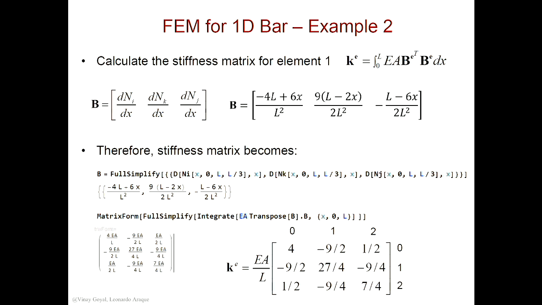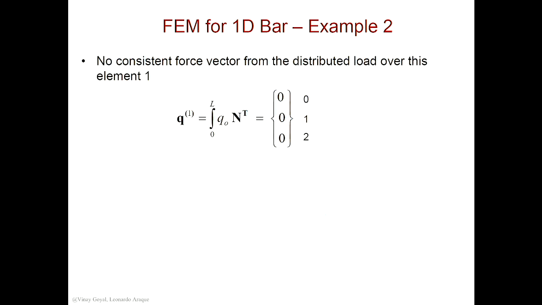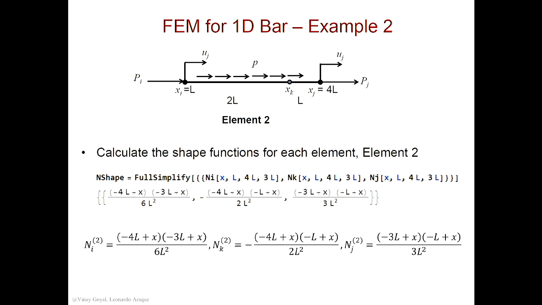Okay, so we'll continue here. For element 1, again, I have no distributed force, so zeros across. Element 2, here, just keep in mind, it starts at xi equals L, where I left off with the other element. And I go to 4L, because my element length is 4L.